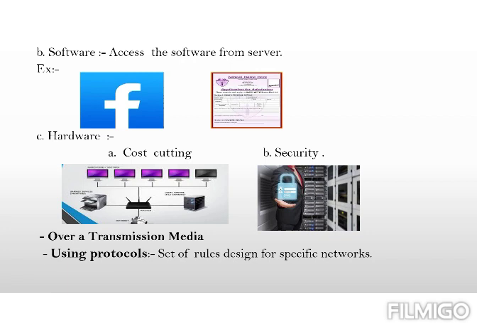A networking is a connection of multiple nodes to share the resources. Resource will be hardware, resource will be software, or resource will be data over a transmission media and using protocols. Understand?